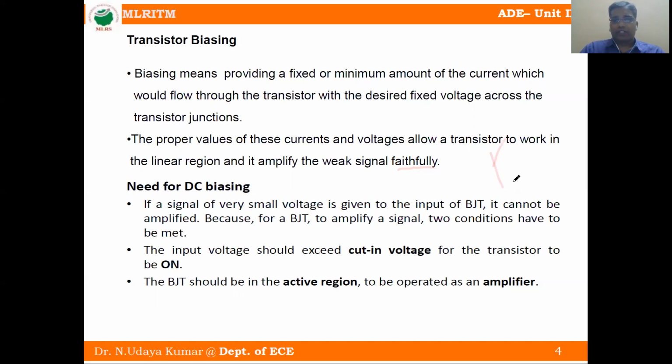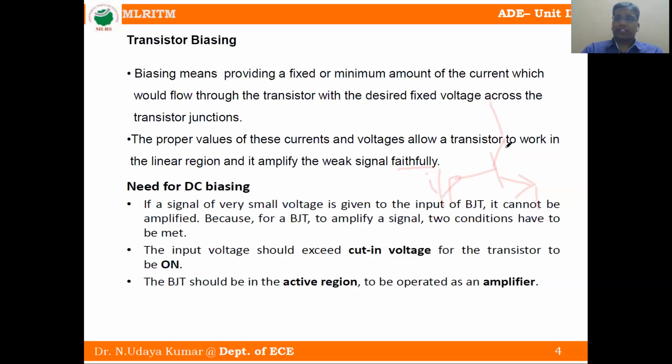So this is the transistor symbol. When a small voltage is given to the input of the BJT, here this is the input of the BJT, it cannot be amplified, because to amplify the signal, the BJT needs to meet two conditions. One is that the input voltage exceeds the cut-in voltage.